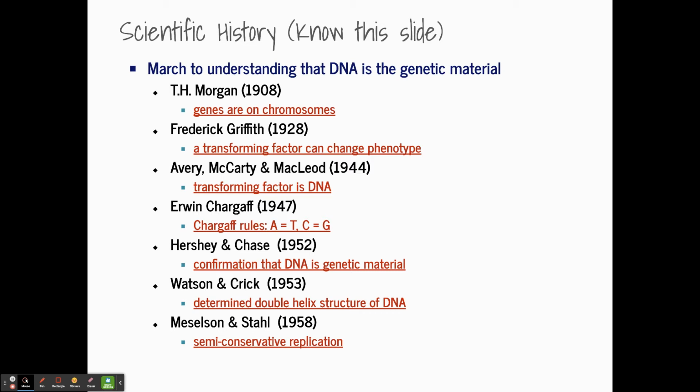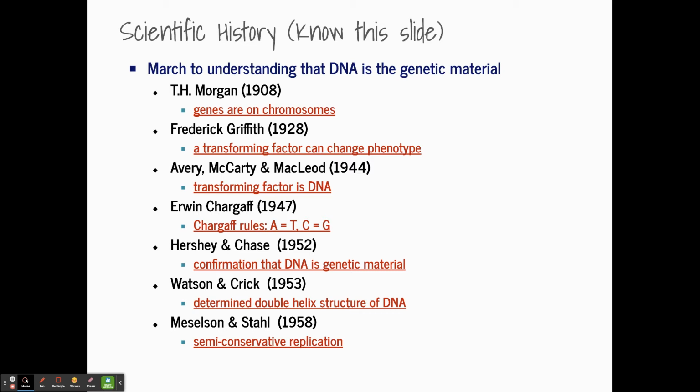In 1947, three years later, Erwin Chargaff comes up with Chargaff's rules: A bonds with T and C bonds with G. In 1952, Hershey and Chase confirmed that DNA was the genetic material being passed. In 1953, Watson and Crick determined the double helix structure of DNA.